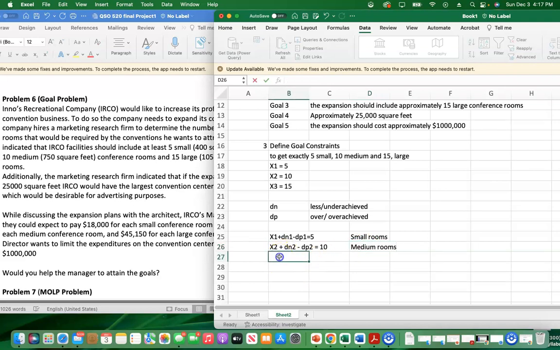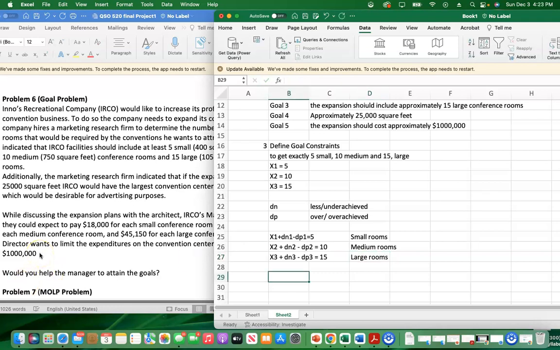And for the large rooms, we have x3 plus dn3 minus dp3, which will be equal to 15, and those are the large rooms.